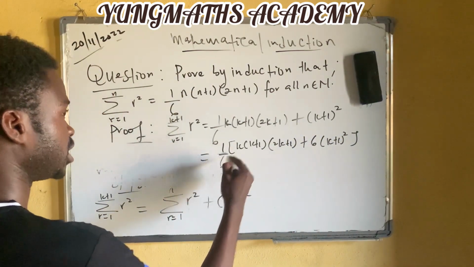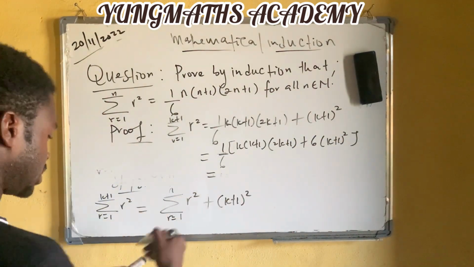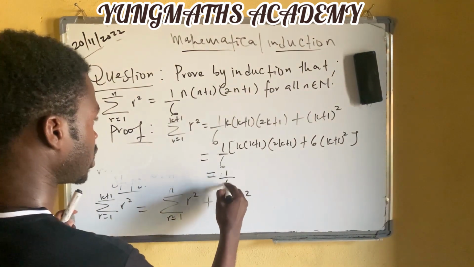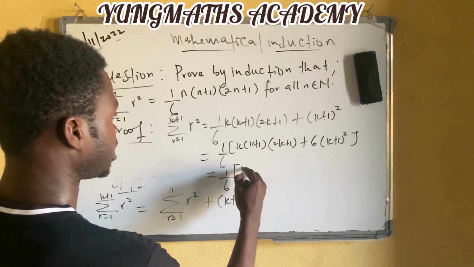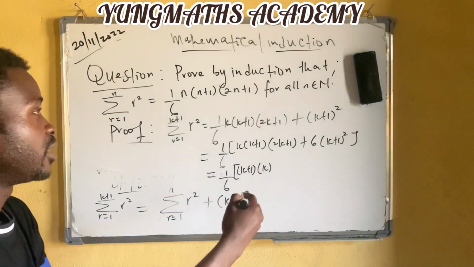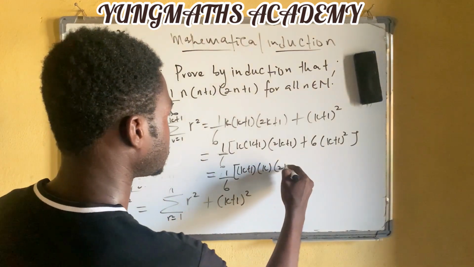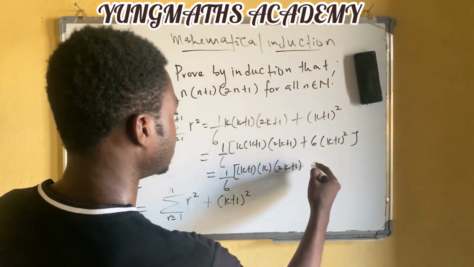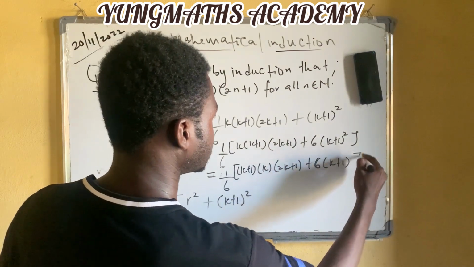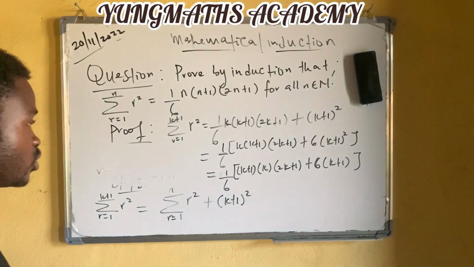Taking the LCM there, I will come out with this. From here, I can factorize. k plus 1 is common, so I have 1 over 6, k plus 1 out, so I have k, and I have 2k plus 1, plus 6 into k plus 1, just this way. Okay, very good.